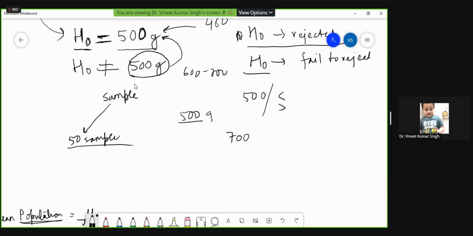अभी इसके बारे में समझें. Now, this example में you have understood that there are two ways to reject. So this is a two-tailed test. Two-tailed test.